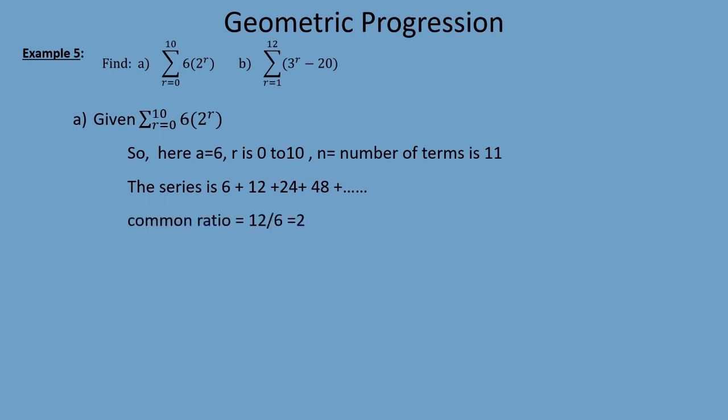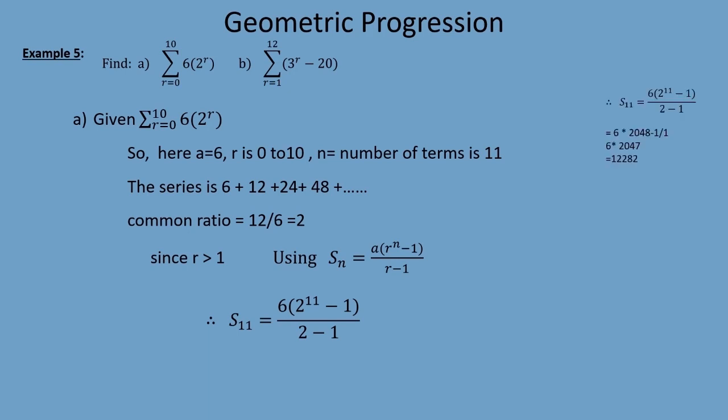So the series is 6 plus 12 plus 24 plus 48 plus and so on. Common ratio r is equal to 12 by 6 is equal to 2. Since r is greater than 1 we use this formula. Substituting the values of a, r, and n, we get 12,282 as the answer.